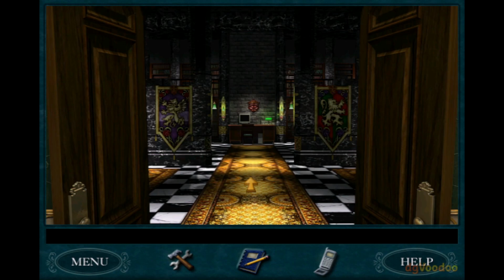There's a lot to explore in this mansion and a lot to memorize.